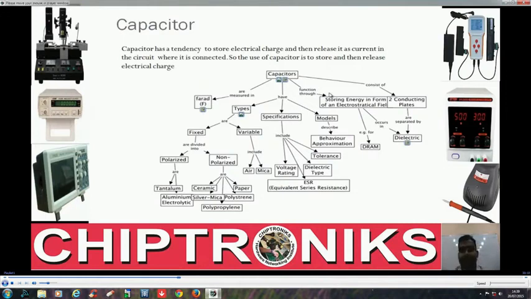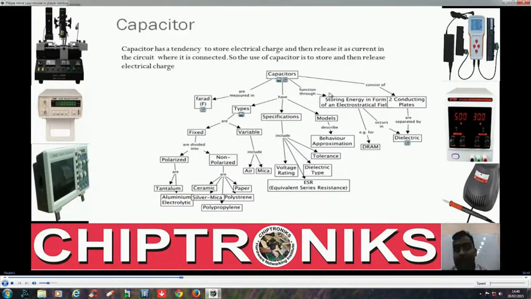In a DC circuit, when current is applied across a capacitor at time t equal to 0, suppose you have a capacitor in a circuit and current flows through it, then initially the capacitor will allow the current to move across it, but with the passage of time the capacitor will block the current.